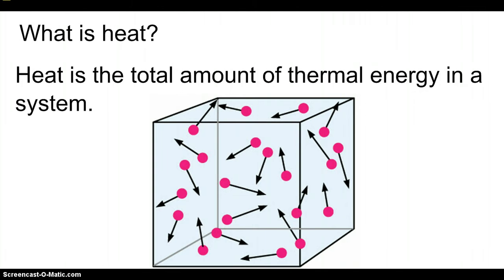What is heat? Heat is the total amount of thermal energy in a system. So if we're adding the thermal energy of this molecule plus the thermal energy of this molecule plus the thermal energy of this molecule plus that, you get the idea. And all matter has heat because we know that all molecules are moving unless they're at absolute zero, which is still currently a theory rather than an actual reality.